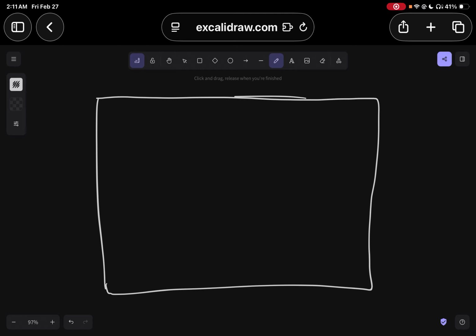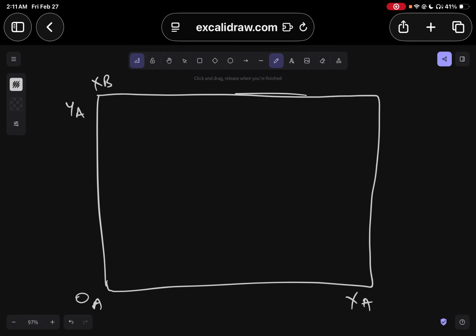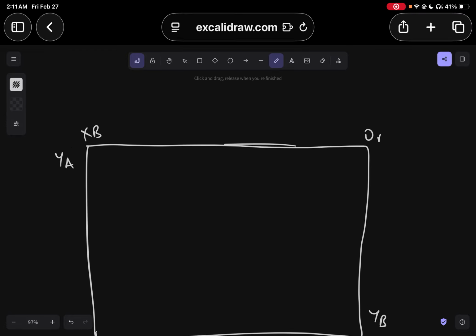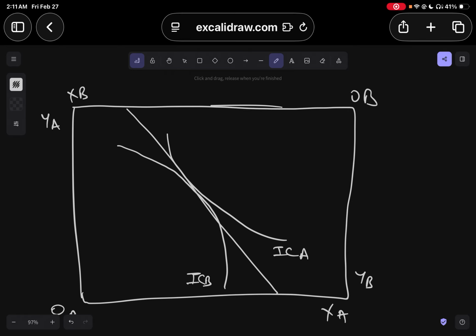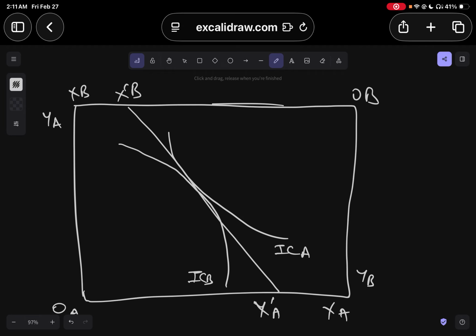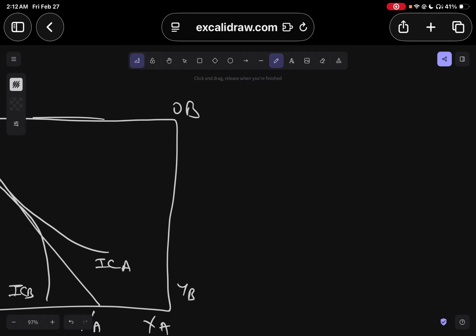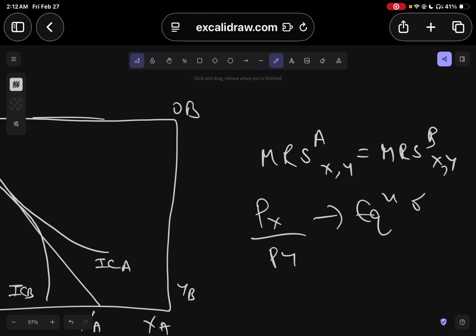So the Edgeworth box will be something like this: XA, YA, XB, YB, OB, and let's say this is some point where ICA is tangent to ICB, and these are some points x dash A and x dash B. Here, MRS of A equals MRS of B, equals Px by Py, the equilibrium of consumption.